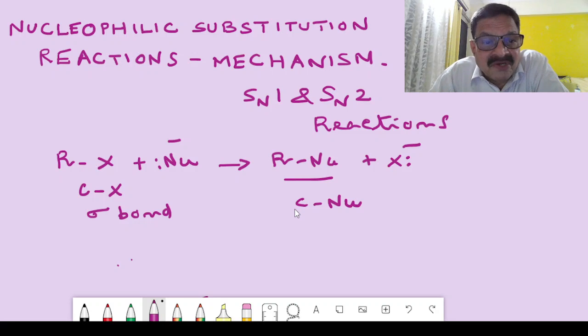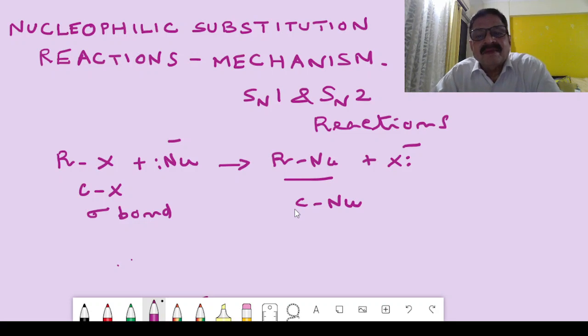One bond is broken and one bond is formed. What happens first? Are these two events taking place simultaneously, or is one taking place before the other? All these things are to be examined to arrive at a proper mechanism of the reaction.